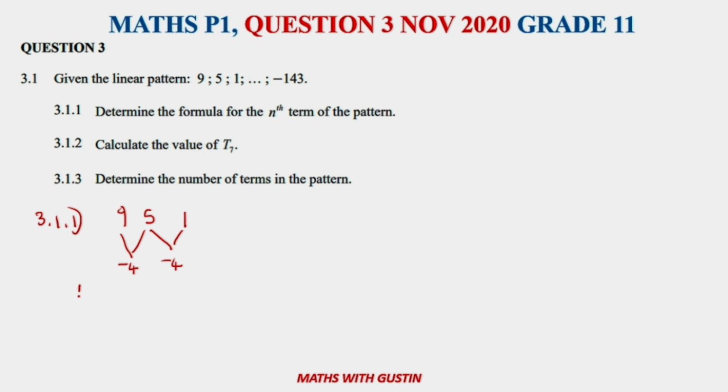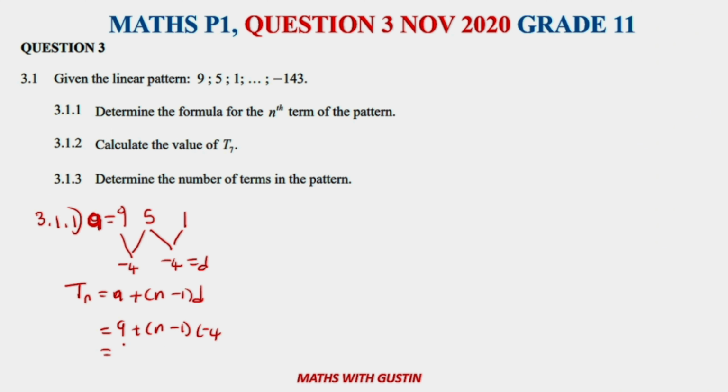Now they want us to find the general formula of the pattern. We know that Tn is equal to a plus (n minus 1)d, which is on our formula sheet. This is d, and our first term a is 9. So a is equal to 9 plus (n minus 1) times d, which is minus 4.